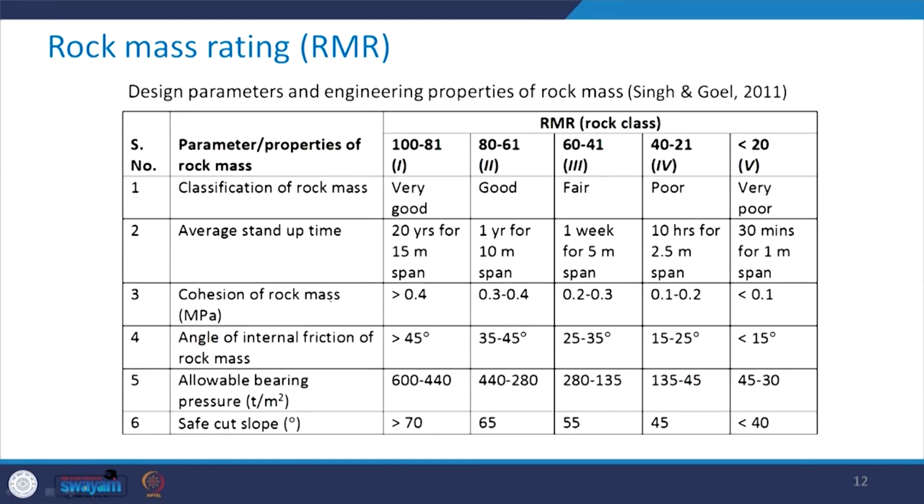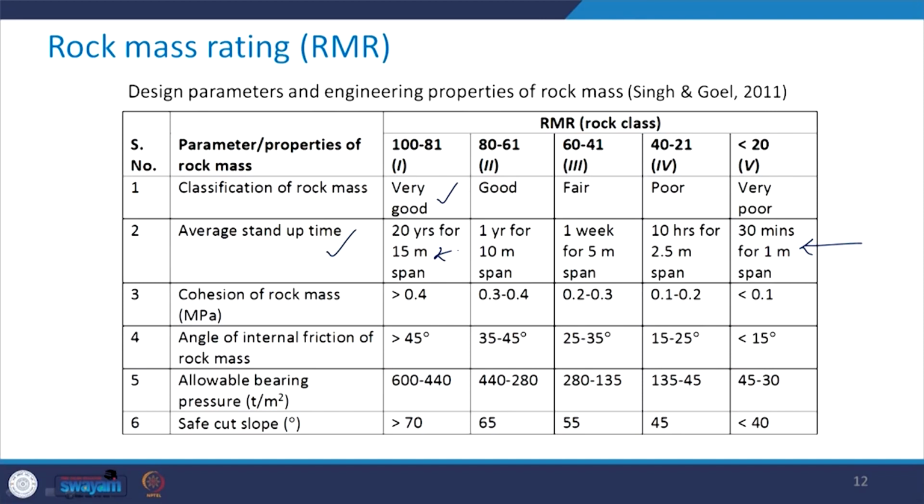Take a look at this table once again and focus on this row. This gives us the idea about the average stand up time. In case you have a very good quality rock mass, the average stand up time is 20 years for 15 meter span. That means a 15 meter span can stand up to 20 years without caving in.